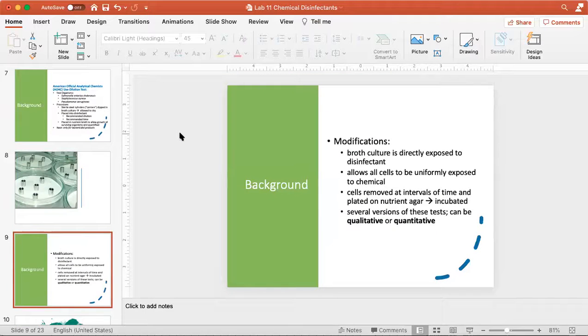So those are the 2 primary testing procedures that you'll read about, and that will be referenced in these tables that are in textbooks telling you essentially how good a disinfectant is. And it allows us to compare the disinfectant chemicals based on these test results.